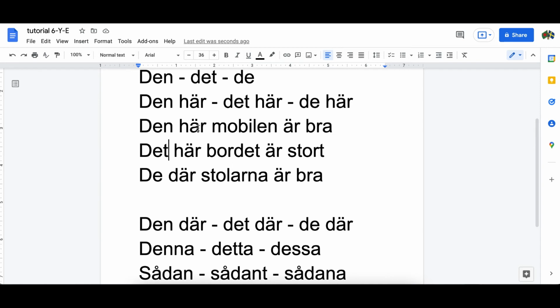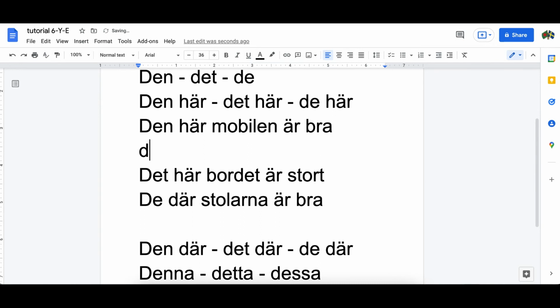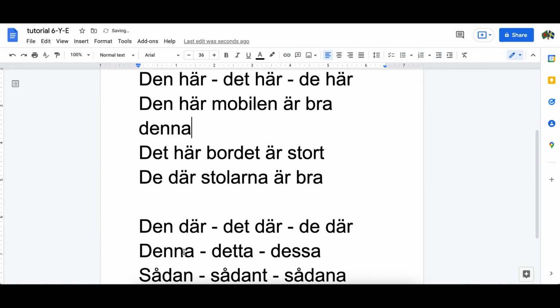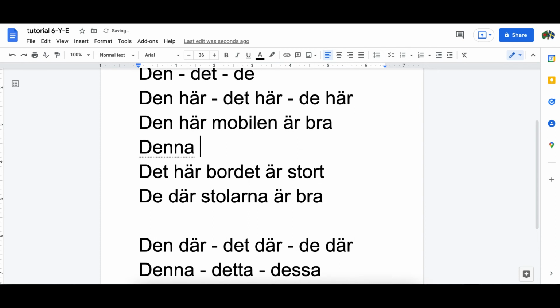Now, instead of using den här, you can also use denna. Här vi har skrivit denna, detta och dessa. So for example, if you write denna, then we can say denna mobil är bra. You see the difference here? Den här means we are pointing to this mobile that is near to us. By using denna, we are also pointing to the same mobile, but this time we are not using mobilen, we are using only mobil.